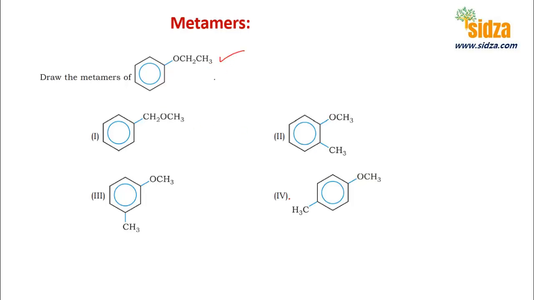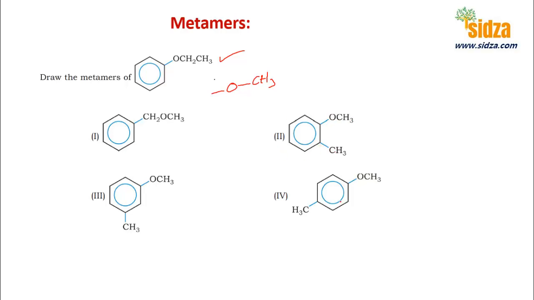The only difference you find in the 4 different metamers is that you have different groups around this functional group oxygen, right? Here you can see you have the methyl on one side, and the benzene ring attached with the CH2. Here you have again the OCH3, but here you have the benzene with a methyl at the ortho position.